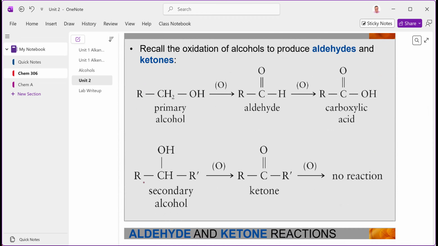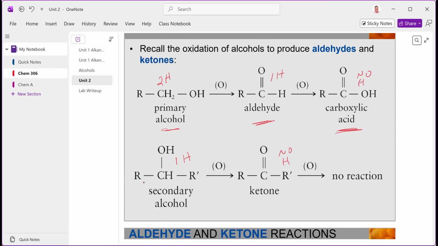So these are the two main reactions in this unit. Oxidation, and we have the opposite, reduction. So again, primary alcohols go to an aldehyde, continue on to the acid, because the oxidation requires a hydrogen on that carbon from the carbonyl.